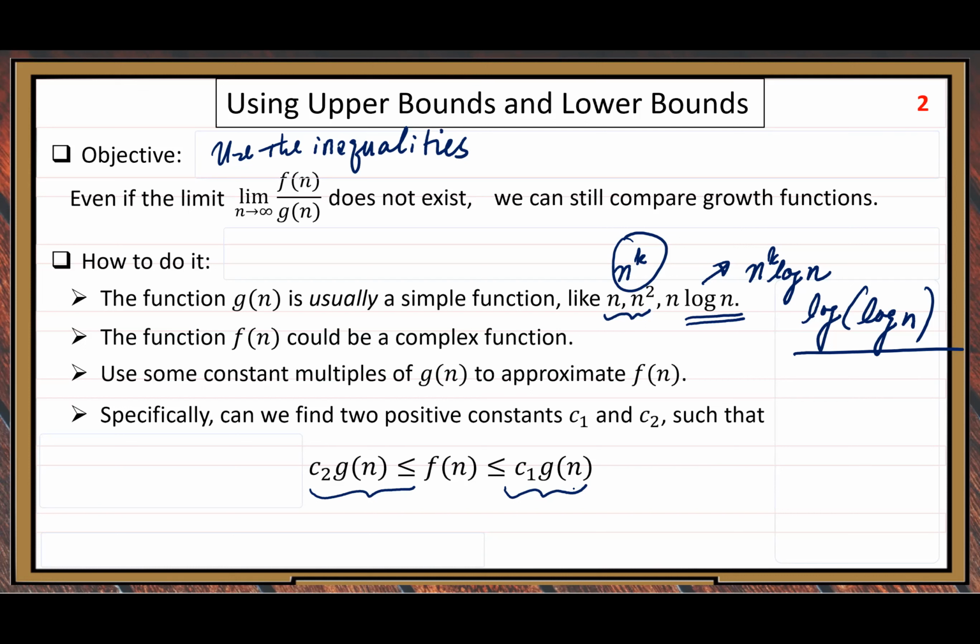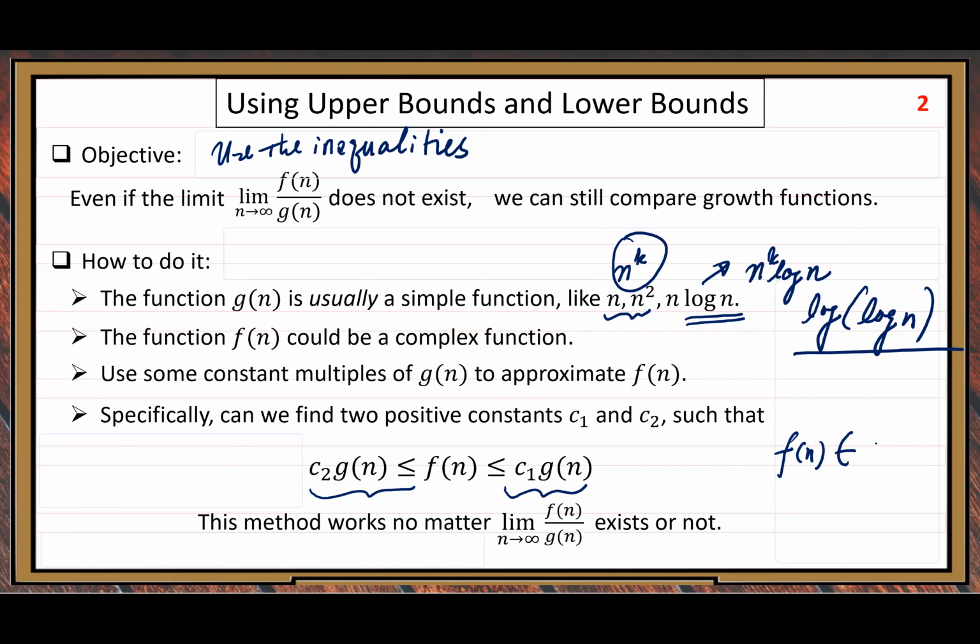If we can get these inequalities, then we can say f of n belongs to big theta of g of n.